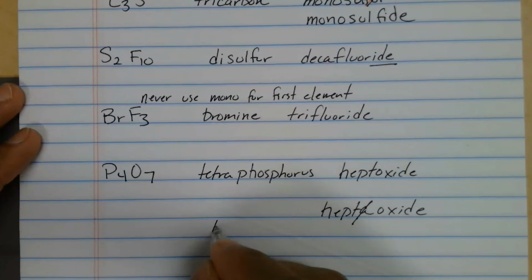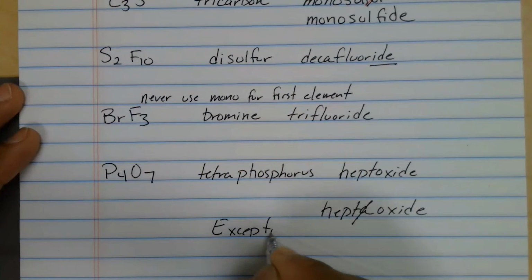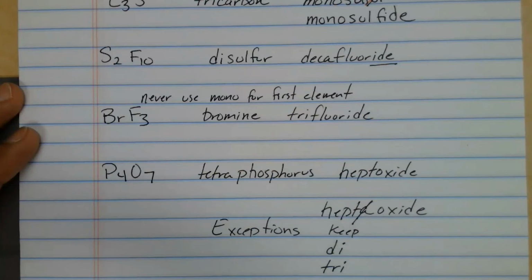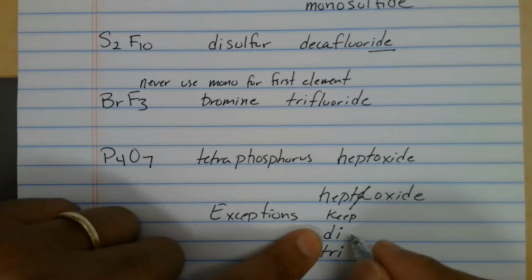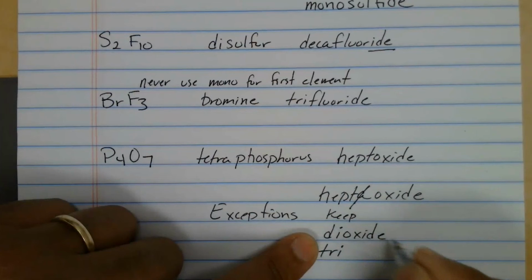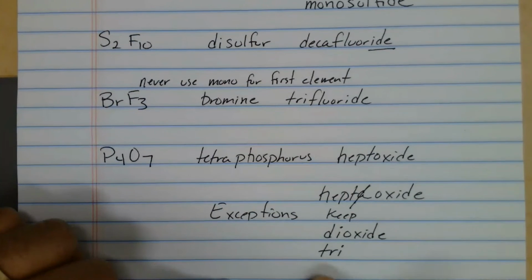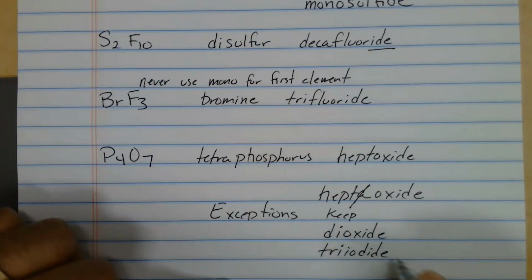Now, the exceptions keep di and tri. So for example, dioxide. So you wouldn't drop that I. Triiodide, triiodide. You wouldn't drop the I.